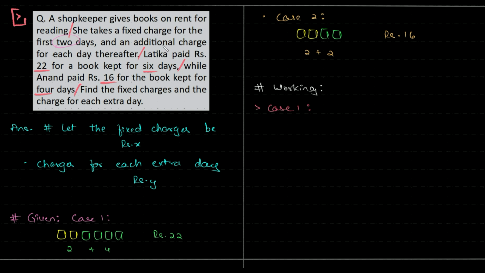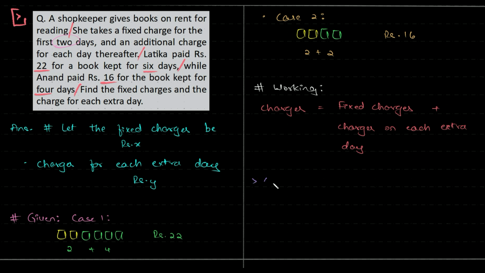So what is the general formula? Let me write the general formula first. Charges is equal to fixed charges plus charges on each extra day.